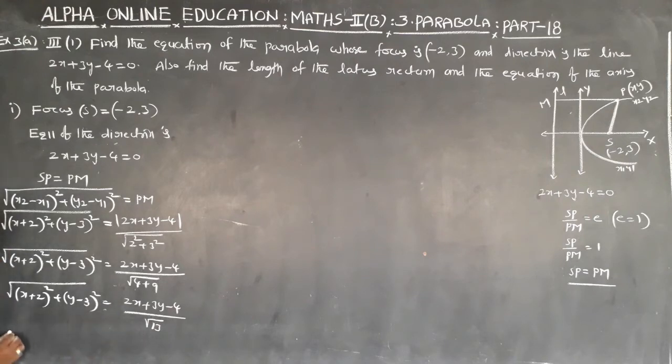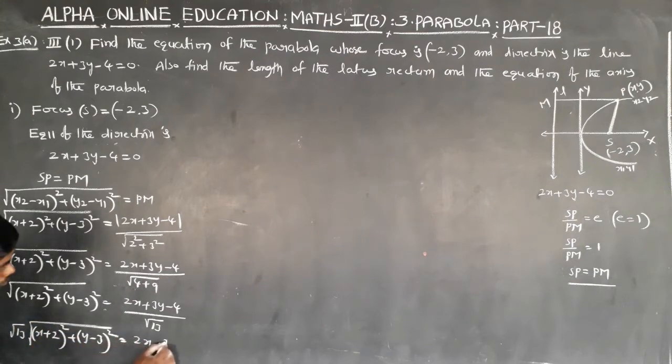Taking root 13 to the left side: root 13 into under root of (x + 2) whole square plus (y - 3) whole square is equal to 2x + 3y - 4. Squaring on both sides.